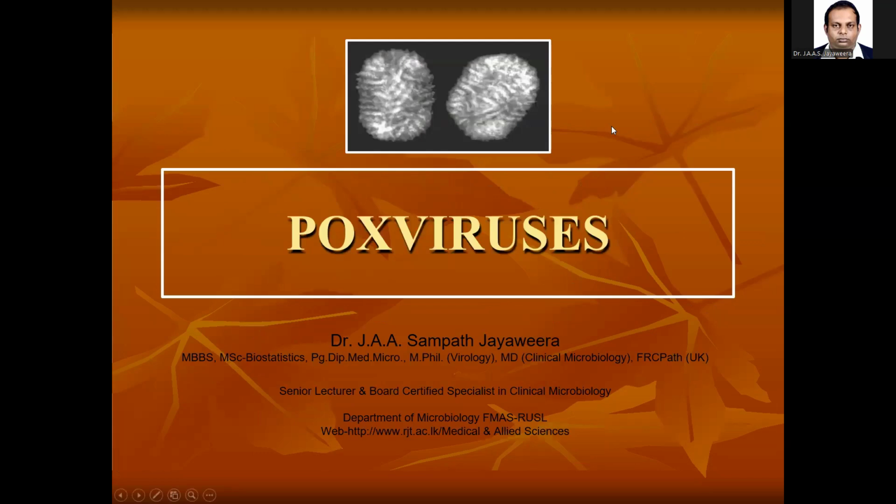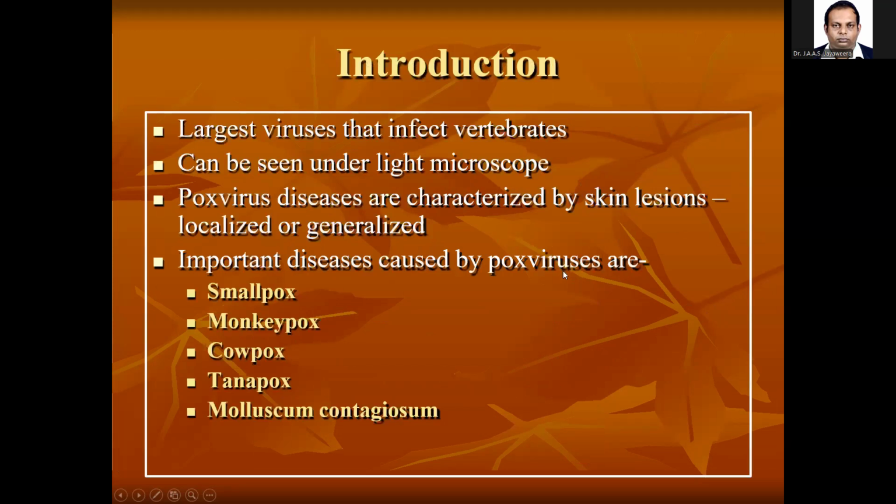So poxviruses are another DNA virus family. They are the largest viruses that infect vertebrates and can be seen under a light microscope. That's a specific thing, but usually we don't do that; we use an electron microscope.